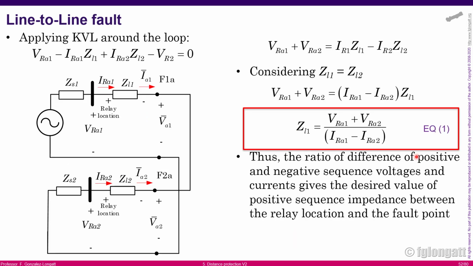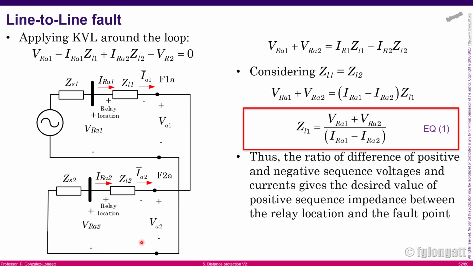The next step is, okay, we can use a single equivalent model over there to represent, you can see here the positive sequence, and here you can see the negative sequence. And I believe all of you can see that using circuit analysis, mainly Kirchhoff's voltage law around the loop, because here you have a single loop.